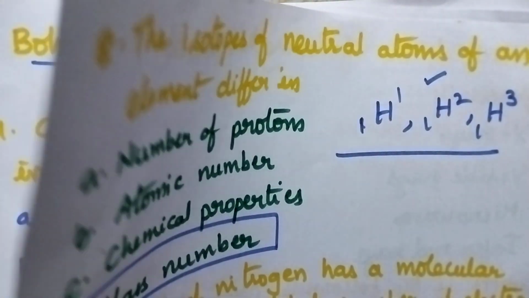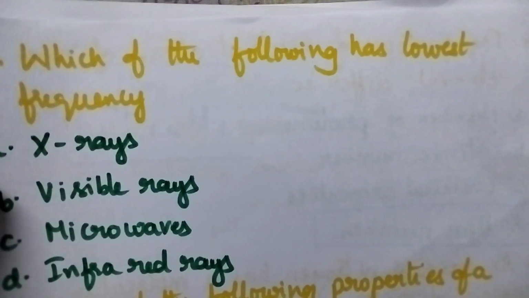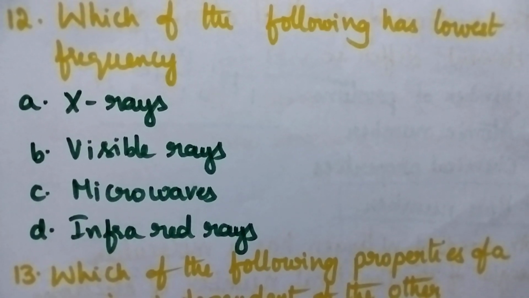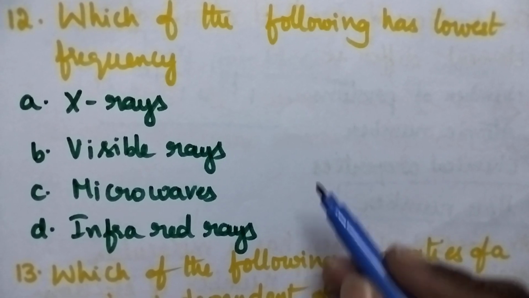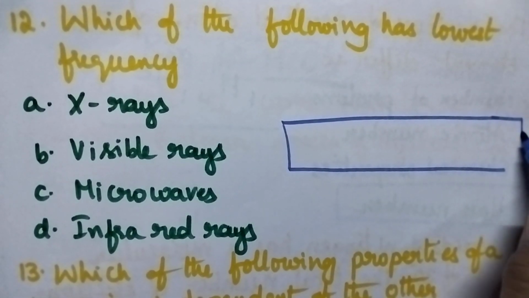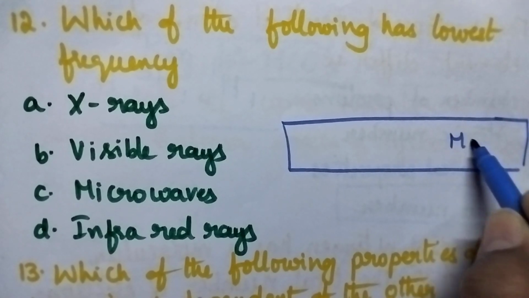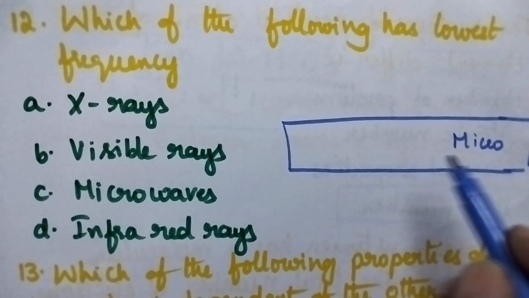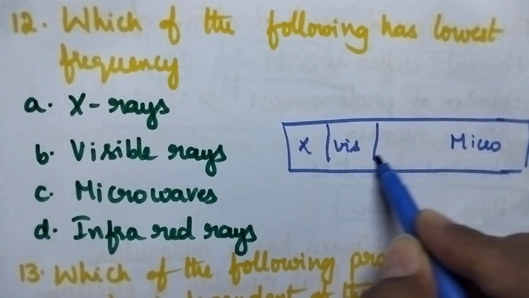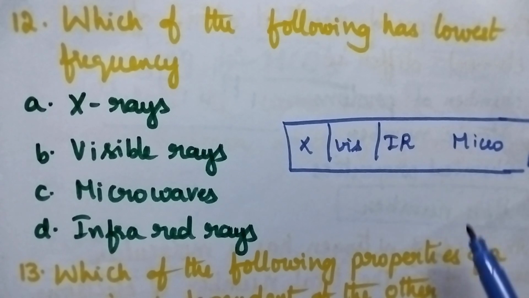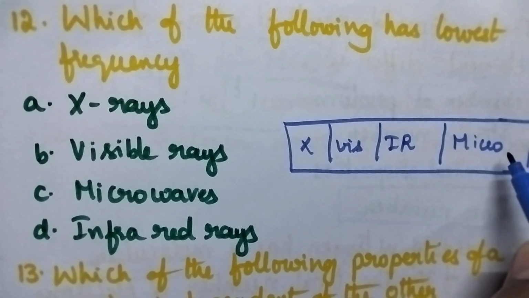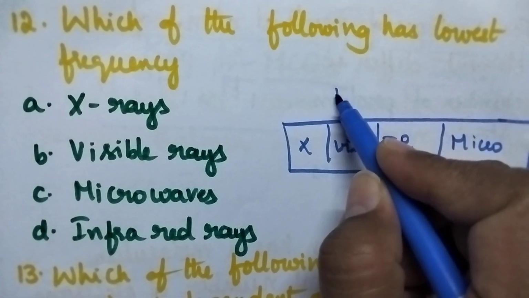Moving to the next question, that is the 12th question. Which of the following has the lowest frequency? Here electromagnetic radiations are given, and when you consider electromagnetic radiations, microwaves are always present on the right side, whereas X-rays, visible rays and IR rays are present on the left side, and the frequency always decreases toward the right.